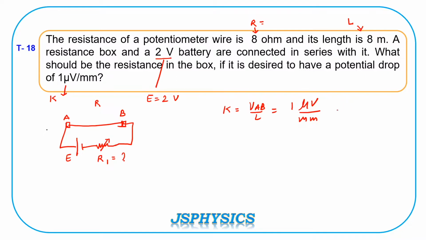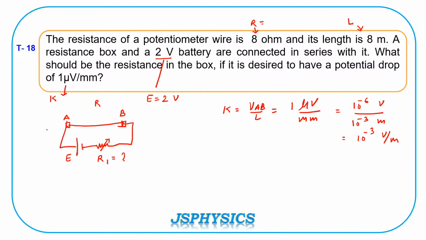Now micro stands for 10 raised to minus 6 volt. 1 millimeter is 10 raised to minus 3 meter. And that's why this gives the value 10 raised to minus 3 volt per meter, because 10 raised to minus 3 comes up, it will give you 10 raised to plus 3, and minus 6 plus 3 will give you 10 raised to minus 3. So this is nothing but potential gradient.